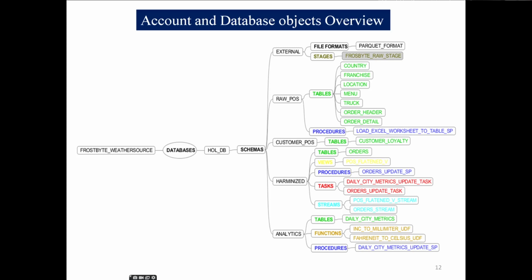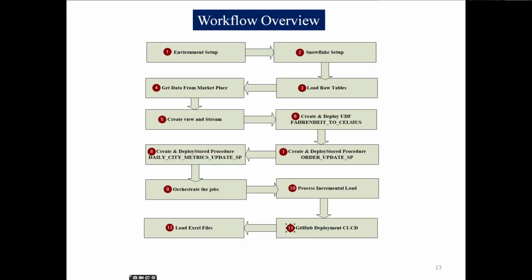Here, the project overview, we have these steps. These are the database objects that will be implemented in the setup for the structure and the content using this demo. Here the workflow overview: we have environment setup, Snowflake setup, load raw data, get data from marketplace, create a user-defined function, then create a view and stream.